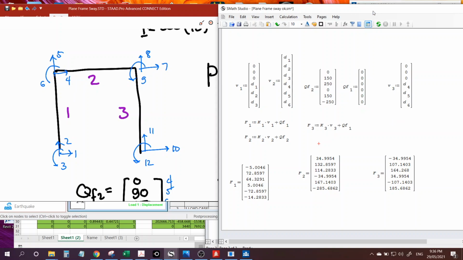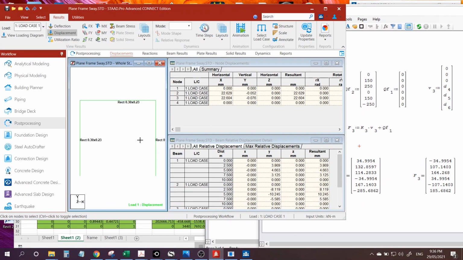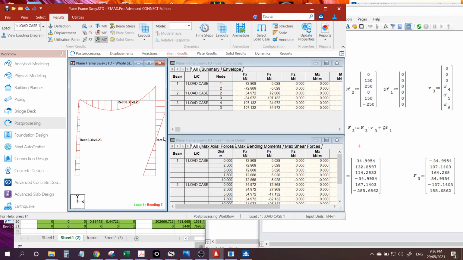Let's check the post-processing beam results.